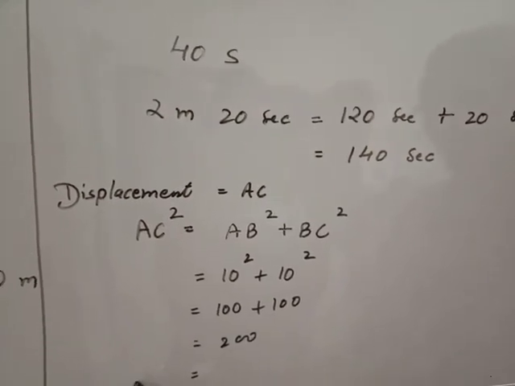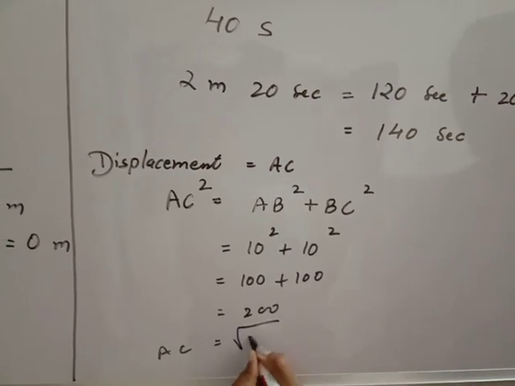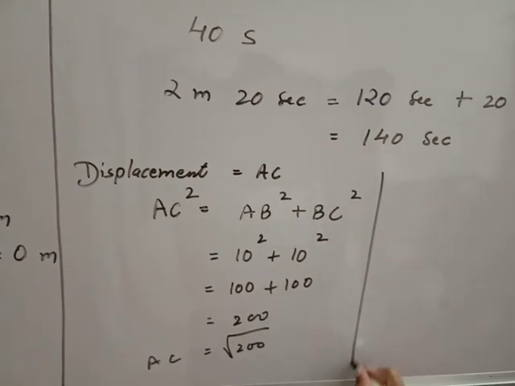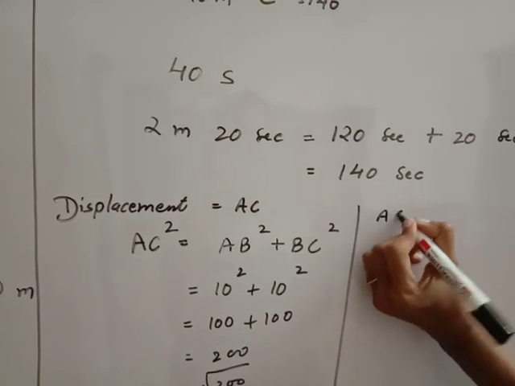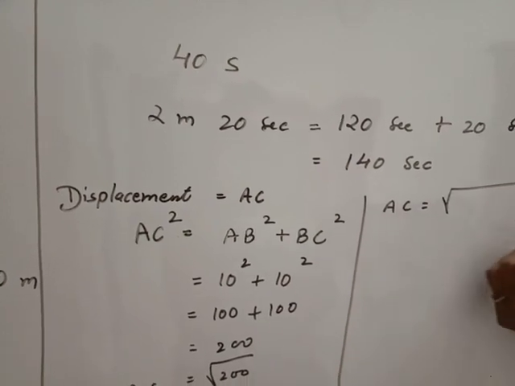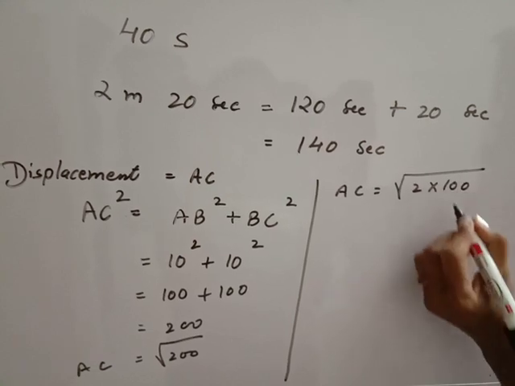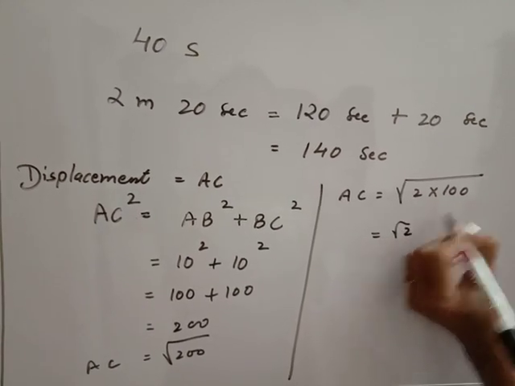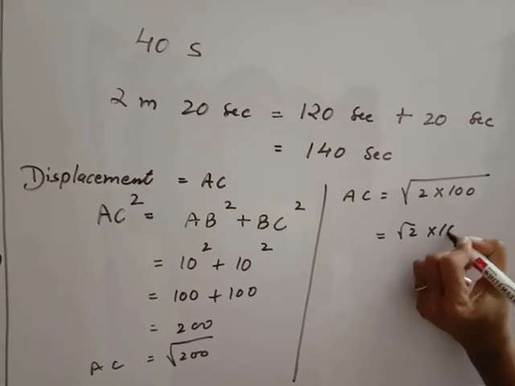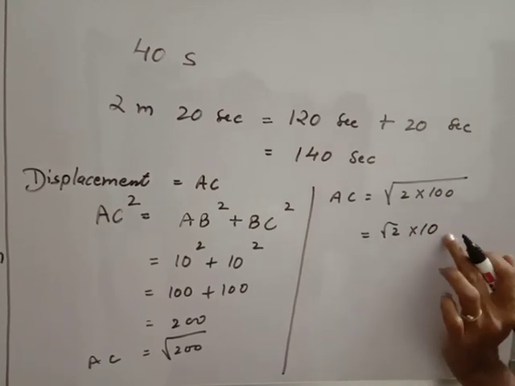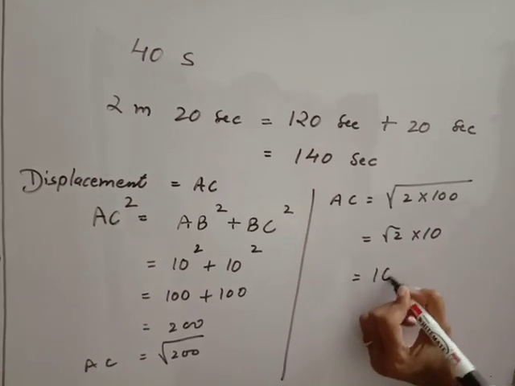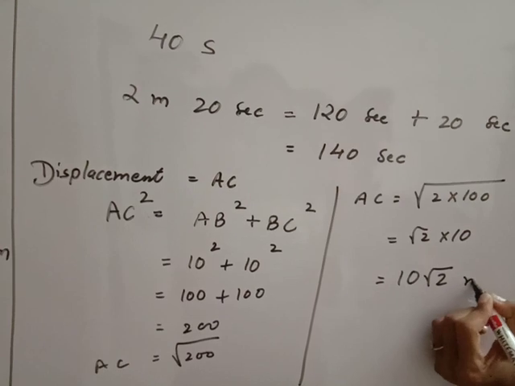So AC is equal to under root 200. Now 200 can be written as 2 into 100. So 2 remains as it is and 100 comes out. Under root 100 means 10. So the answer is 10 root 2 meter.